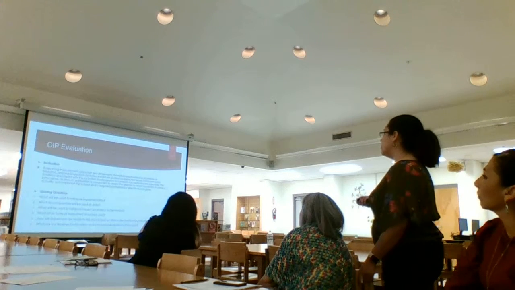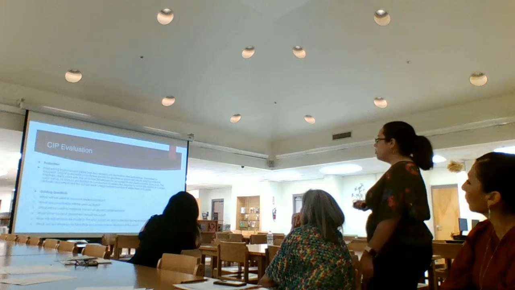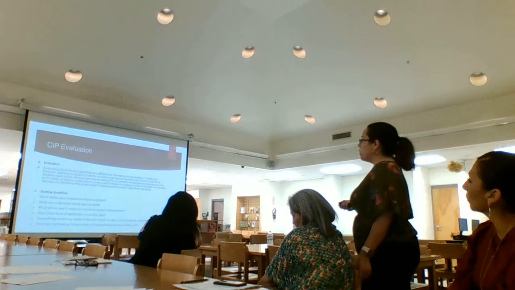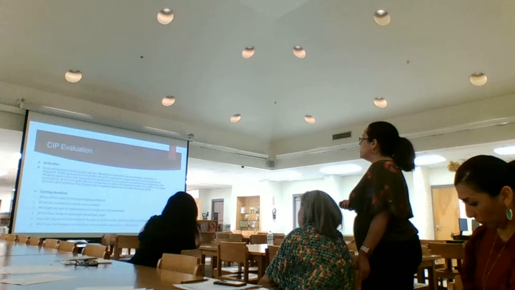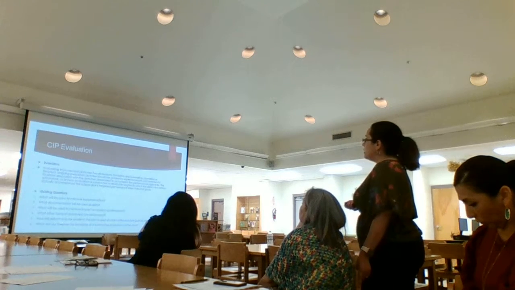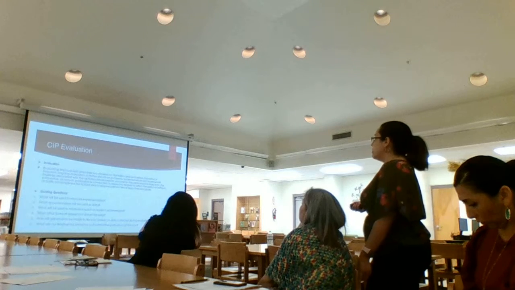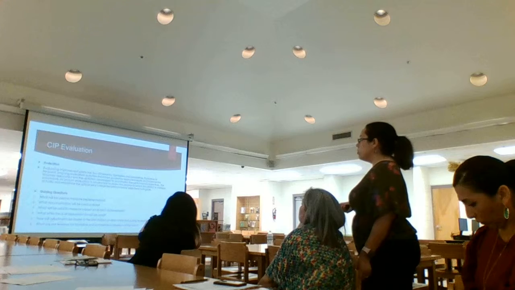Your evaluation. Evaluating improvement plans has two dimensions, your formative and summative assessments. Your formative would be frequent, ongoing evaluation activities, and then your summative evaluation is conducted to assess the degree to which the district or campus actually accomplished this school year's targeted performance objectives. So what are you going to be looking for?